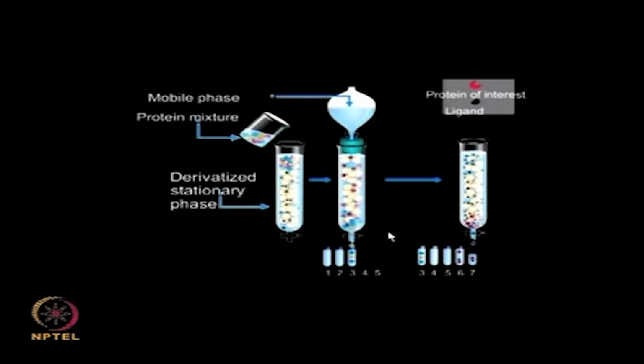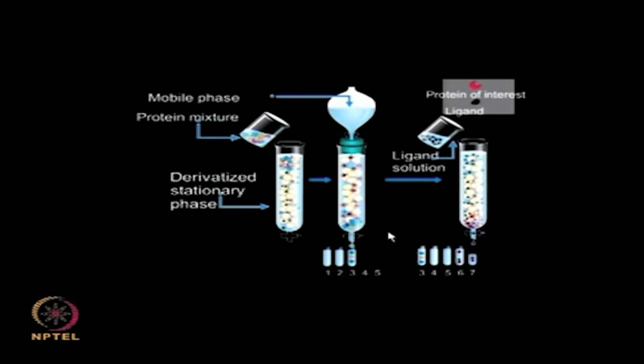Mobile phase: following the sample loading, the unbound proteins are washed out of the column using a suitable mobile phase. Depending on the protein of interest, this could be either water or sometimes a salt solution. The ligand solution: this solution is passed through the column to elute the bound protein of interest.